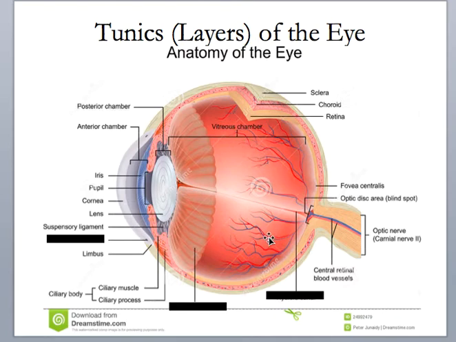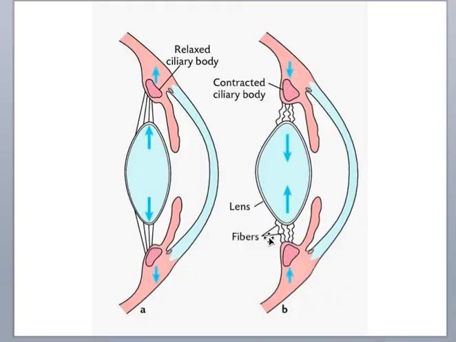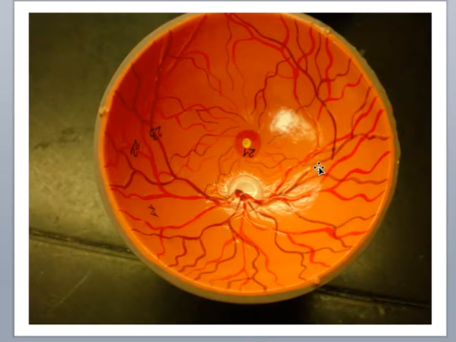And the retina contains all of those photoreceptors that are able to respond to light and send impulses to the brain, okay? So this is actually a picture of a model that we have in lab. All of this pinkish stuff on the posterior or the back of the eye, this is the retina, okay?